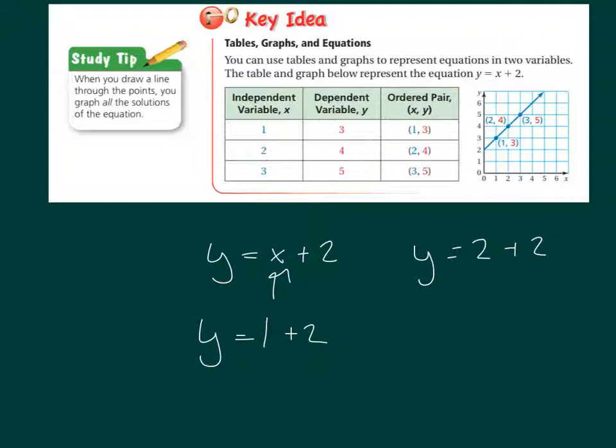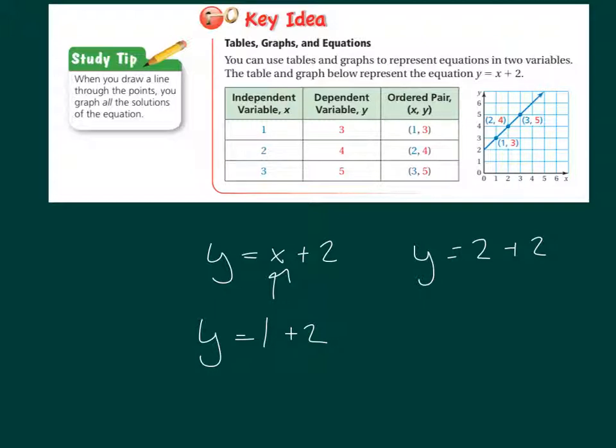Anytime you're given x and y coordinates, they can be written as coordinate points or ordered pairs, and they can be graphed, and we've learned about how to graph those last chapter. Just so you know, anything in two variables gives us some kind of linear function. So if you are able to isolate y, we will be able to put things in what we call slope-intercept form in the future.